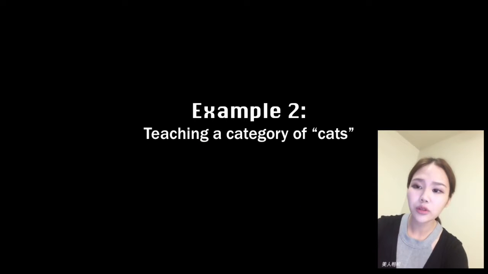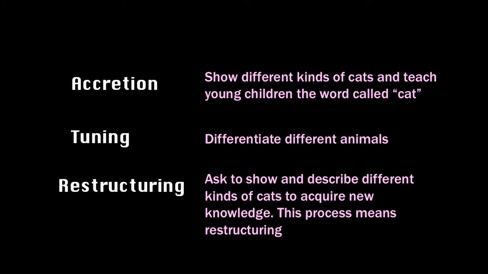Second, consider teaching young children about the category of cats. Teachers can show different kinds of cats and teach young children the word cat. It is the process of accretion, which means adding new knowledge to a person's base of knowledge. Then, instructors can teach young children to differentiate different animals.